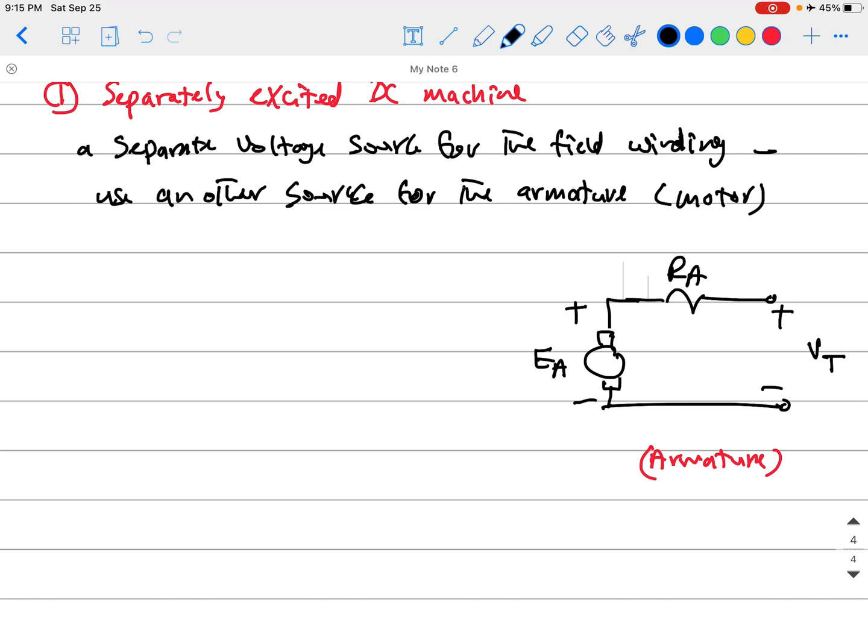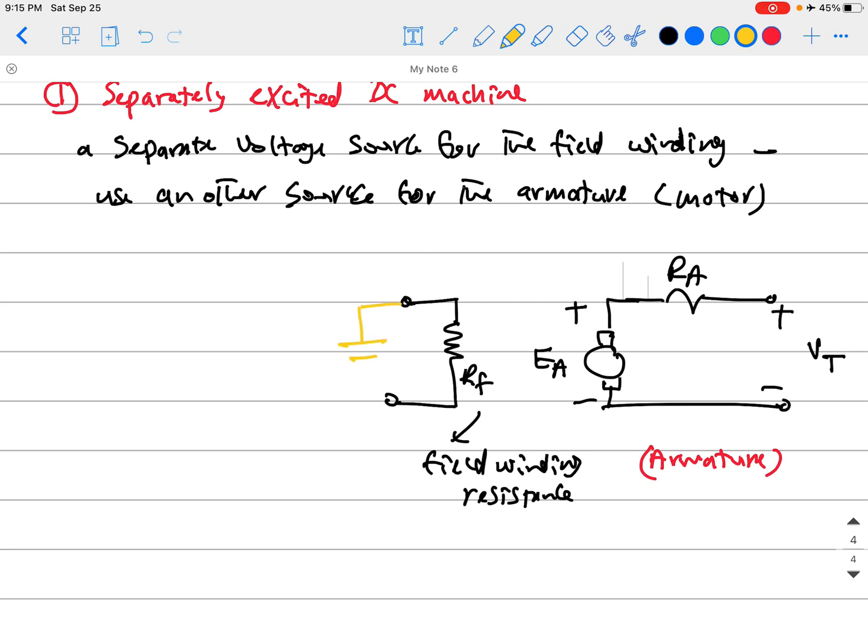How to model the field winding? It's in the same way, but it just has the field winding resistance. And because you have a separately excited machine, you will have a separate source.